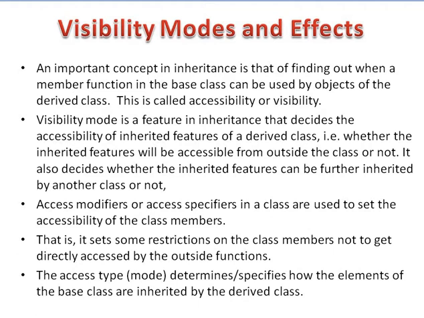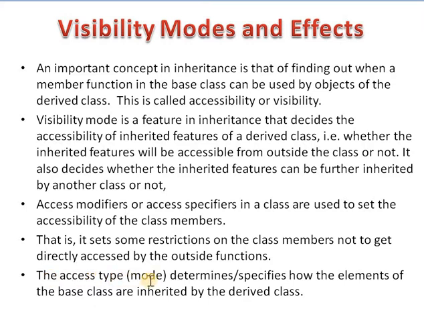Access specifiers in a class are used to set the accessibility of the class members. That is, they set restrictions on the class members so they do not get directly accessed from outside of the class or the functions. That means visibility modes put limits on the class members.